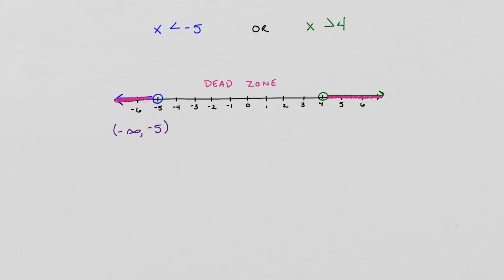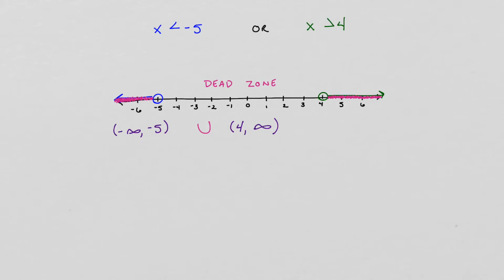In order to skip over this dead zone, I'm going to use my union symbol. So I'm going to connect my solutions on the left with the ones on the right. Those start at 4 and go all the way to +infinity. So this is how I would list out all of my solutions in interval notation when my solutions also have a dead zone in the middle.